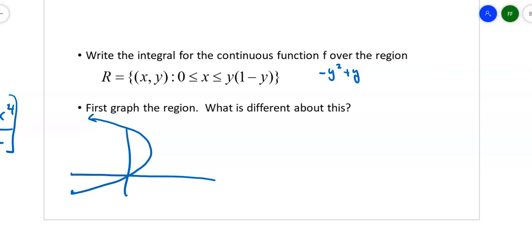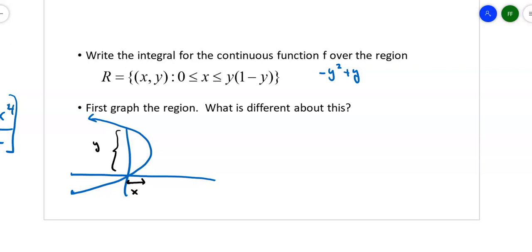Which means if I take vertical slices, I'm going to want to do dx first. Try to avoid slicing from the function onto itself. So the first thing you should do is go this way. Tell me something about x first, and then integrate with respect to y.